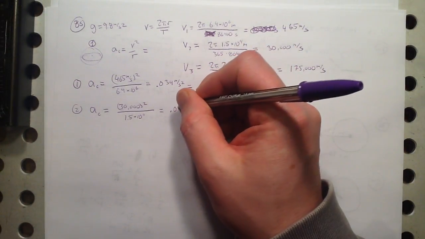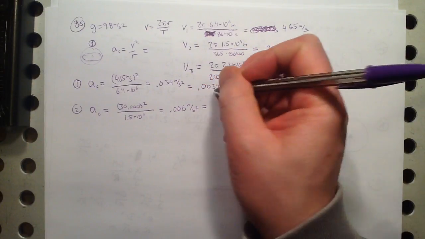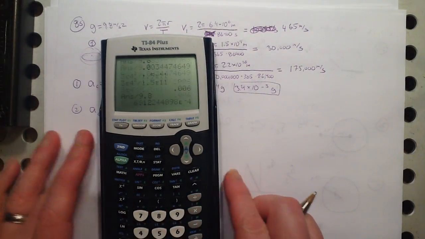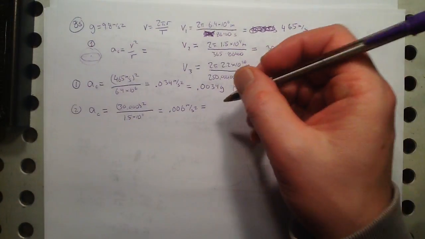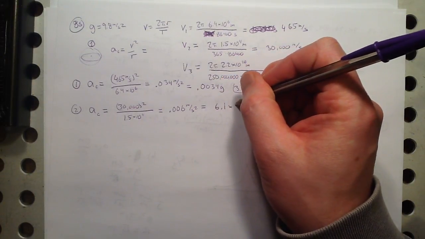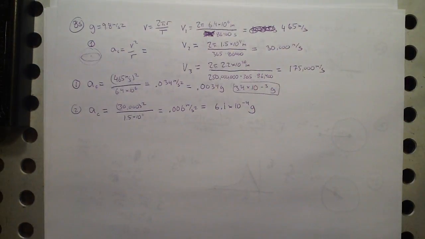That's 0.006 meters per second squared. And as a multiple of g, that's going to be about 6.1 times 10 to the negative 4th g.